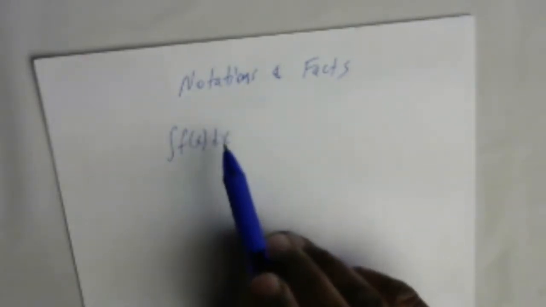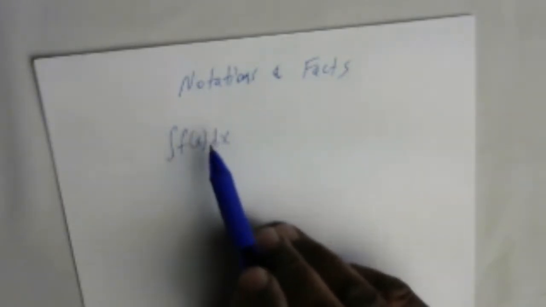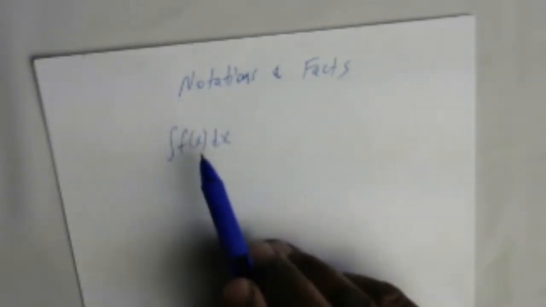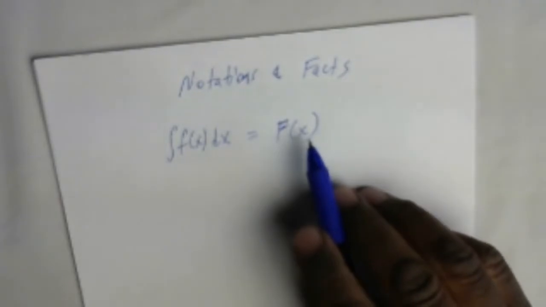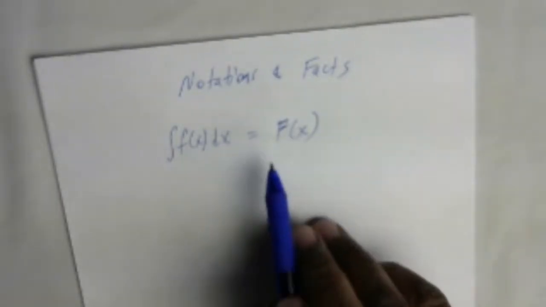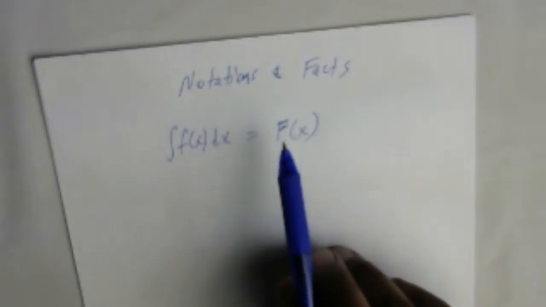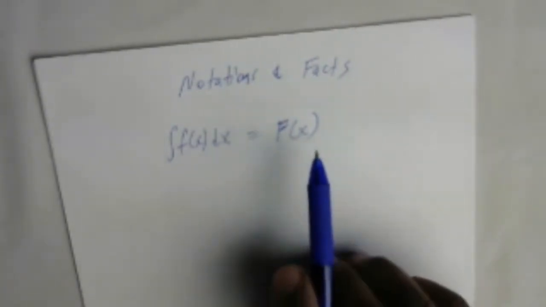Every integral must carry a variable of integration. Remember that f of x is a function. The integral of f of x dx is equal to capital F of x. In our notation, wherever you see the capital F of x, that denotes a function that has already been integrated.